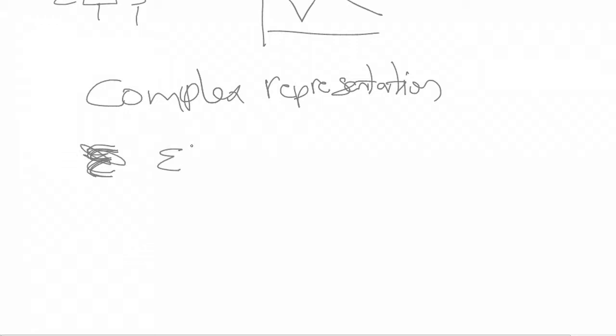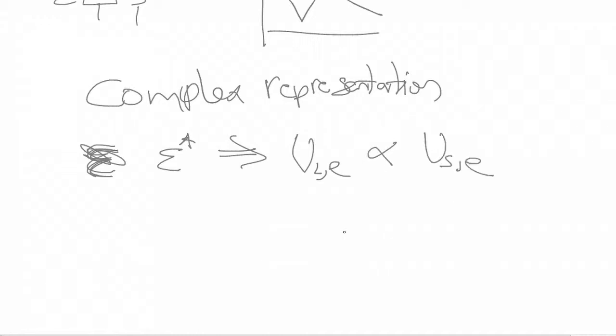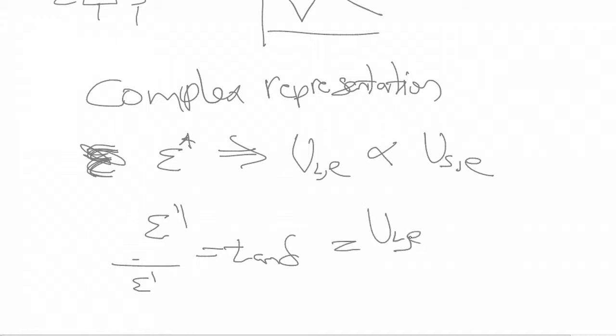Dielectric displacement has a complex form because the energy lost in the electrical system is proportional to the energy stored in that electrical system. And what is that ratio? E double prime over E prime equals tangent delta equals energy lost over energy stored.